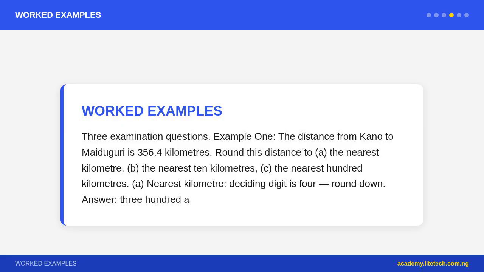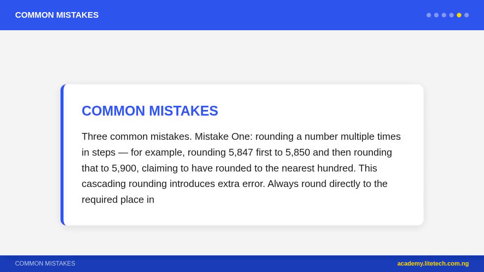Estimated total, 70 plus 70 plus 60 plus 80 plus 70 equals 350. Exact total, 67 plus 72 plus 58 plus 81 plus 74 equals 352. Very close.